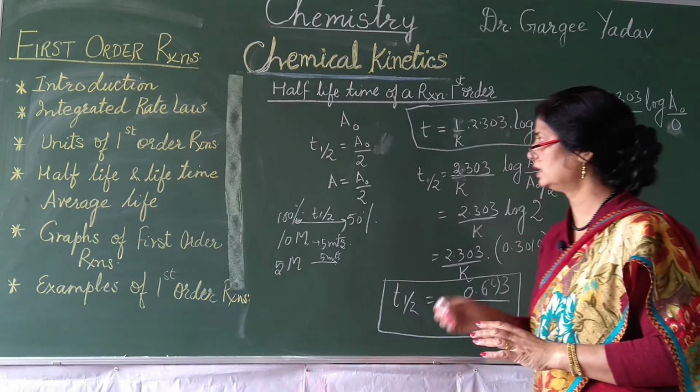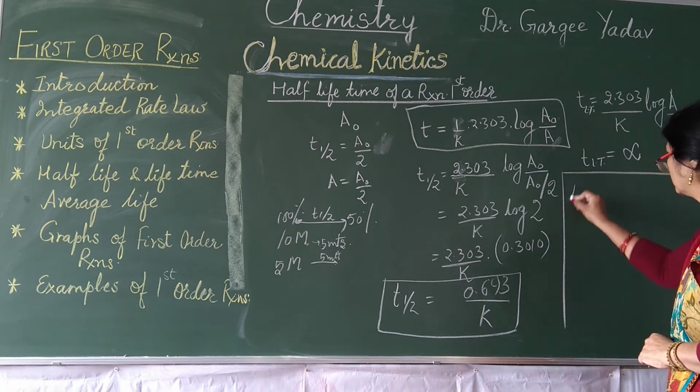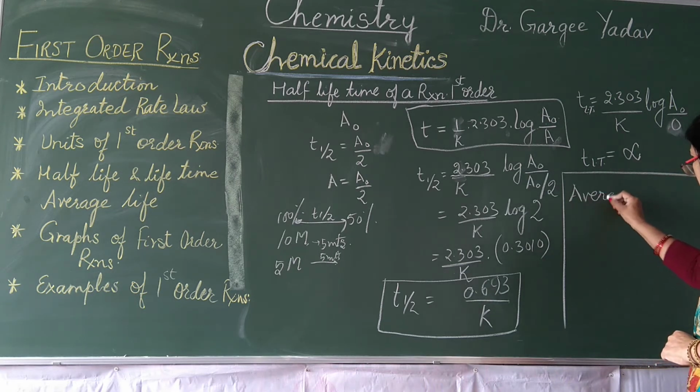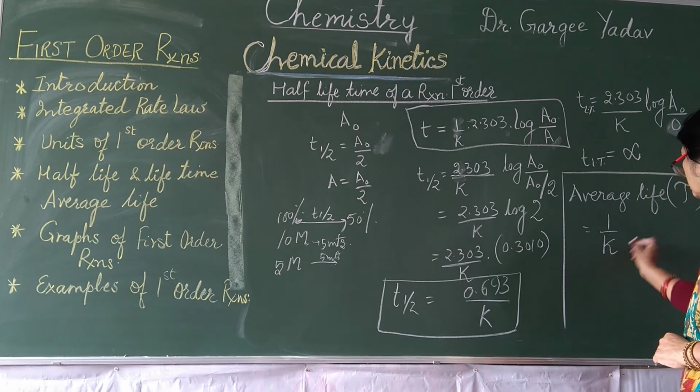Now let's come over to the average life. You all know average life is denoted by tau, it's a Greek symbol, and it is actually reciprocal of the rate constant.